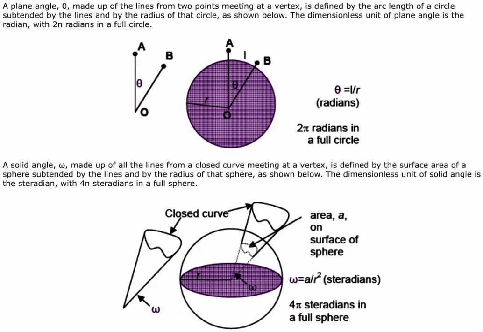You can see this sphere, and this is some area on the surface of the sphere made up of a number of lines that form a closed curve, and this solid angle is defined, as I told, as area per unit square of the radius.